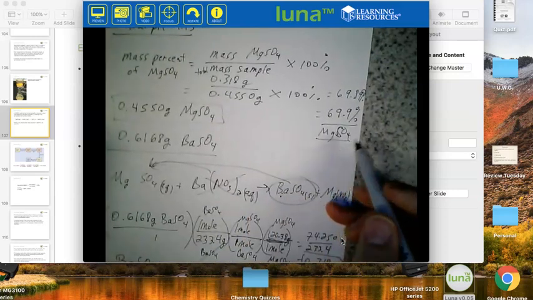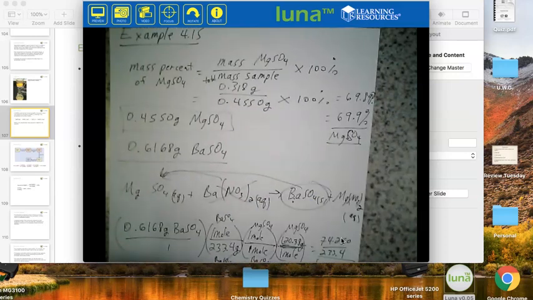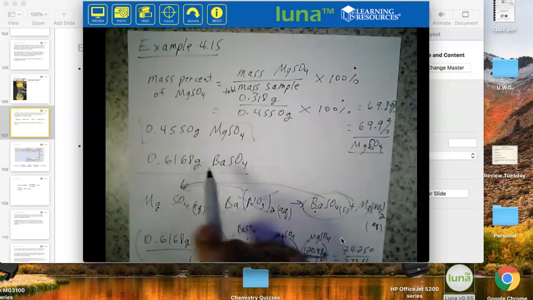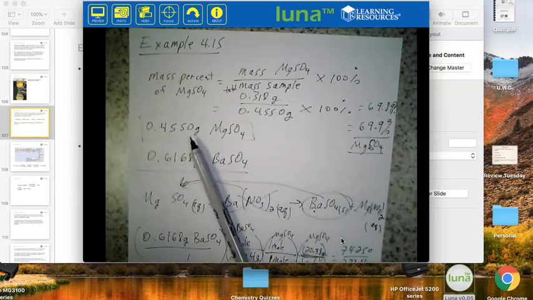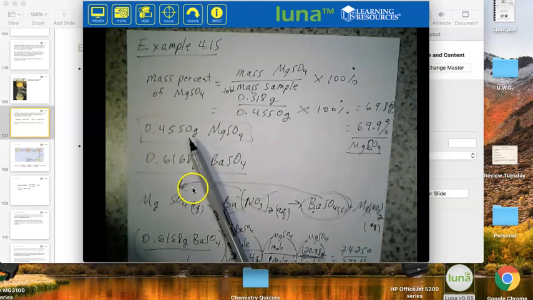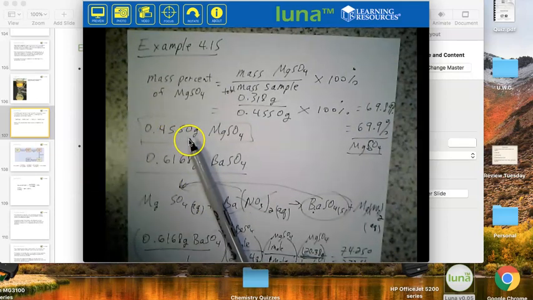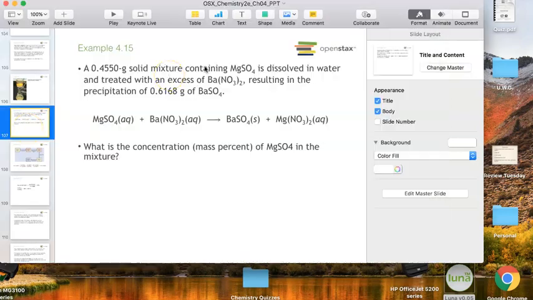Alright, so that's my mass percent. So what they were saying when they said there was a sample of, if you read the question again, that 0.4550 grams, it says it's a solid mixture containing magnesium sulfate. It's not 100% magnesium sulfate.